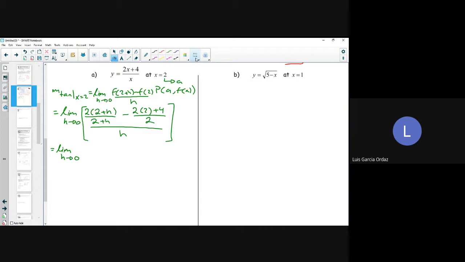So I am left with 4 plus 2h over 2 plus h, sorry, minus 2 times 2, which is 4 plus 4, which is 8, divided by 2, which gives me 4 over 1. And so that's all going to be divided by h. So if you don't like fractions, I'll allow you to use the division sign to make it easier for you.